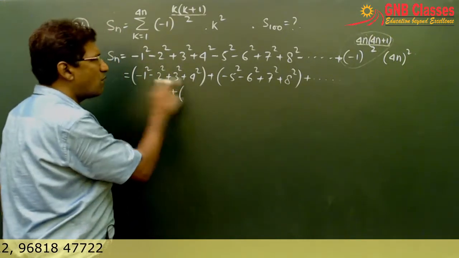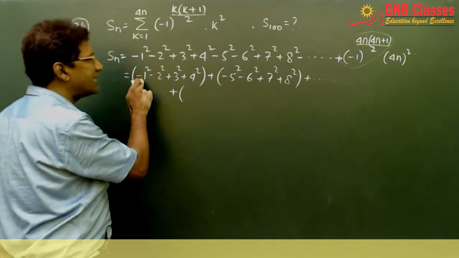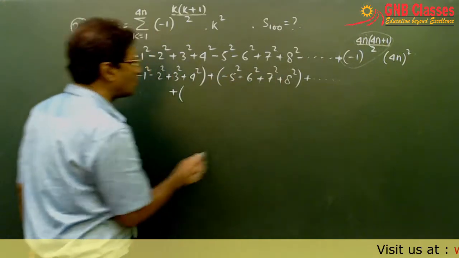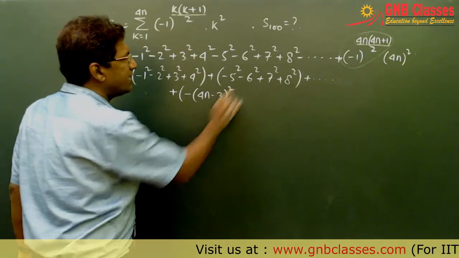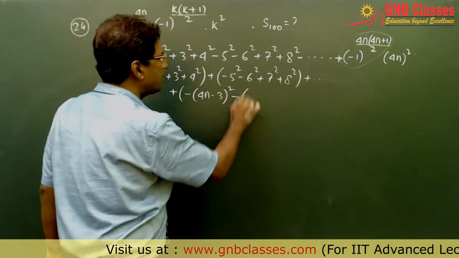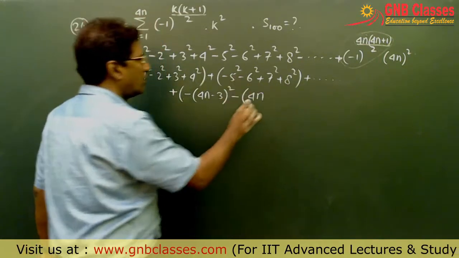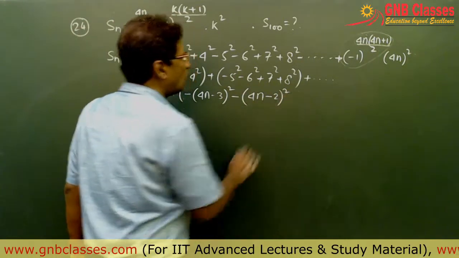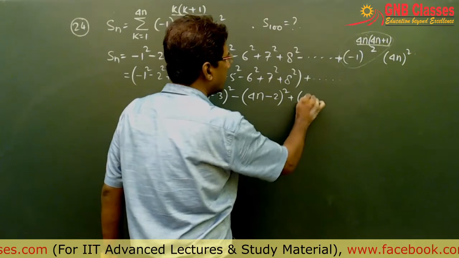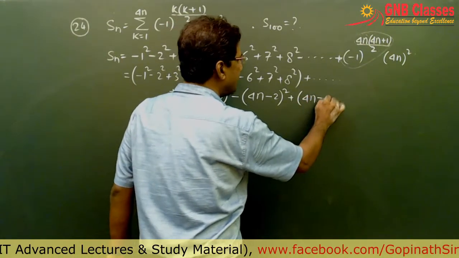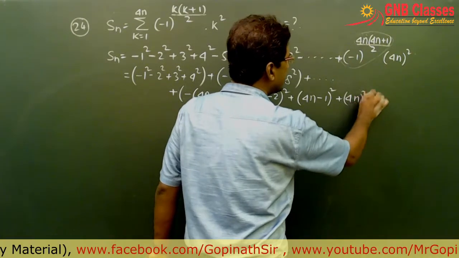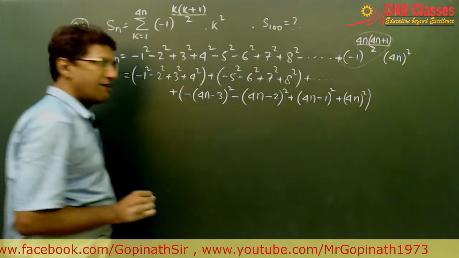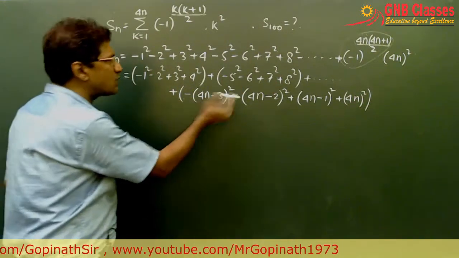The first term of the nth bracket will be minus (4n minus 3) whole square, then minus (4n minus 2) whole square, then plus (4n minus 1) whole square, and then plus 4n squared. Am I correct or not? Have you understood how I am getting this one? It's pretty simple.